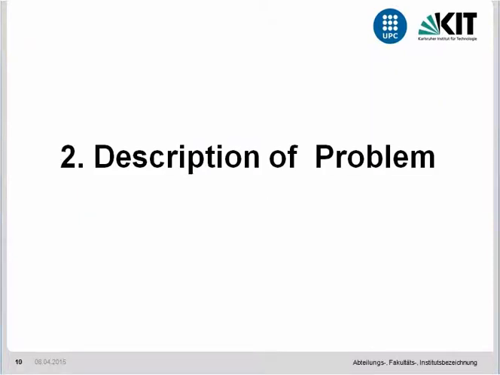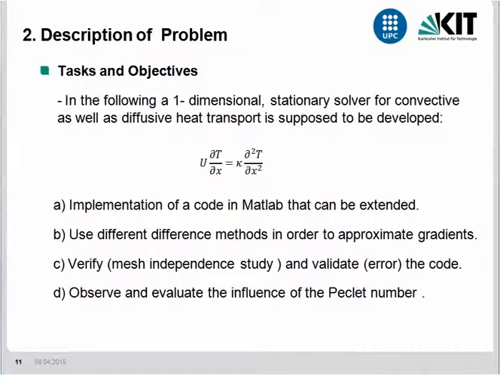Description of problem. The 1D convection diffusion equation for a transported variable is sufficient to demonstrate some of the advantages and weaknesses that can be encountered with the numerical approximations outlined above.